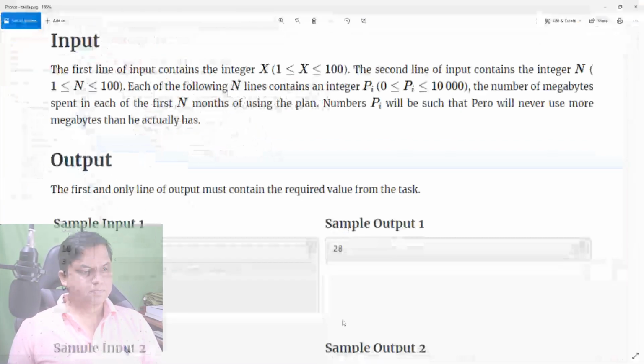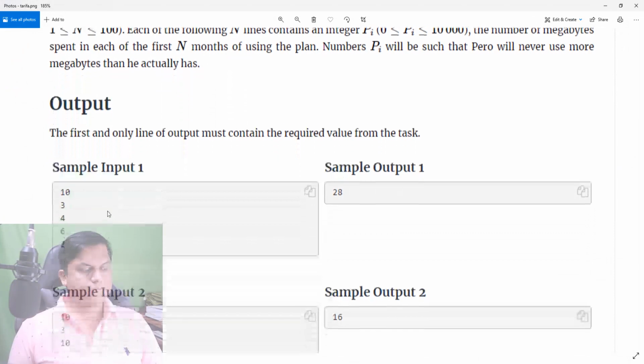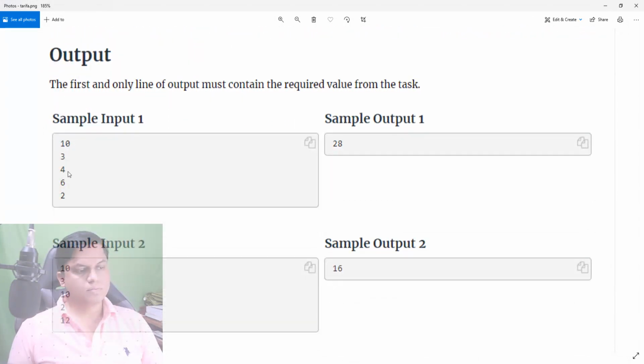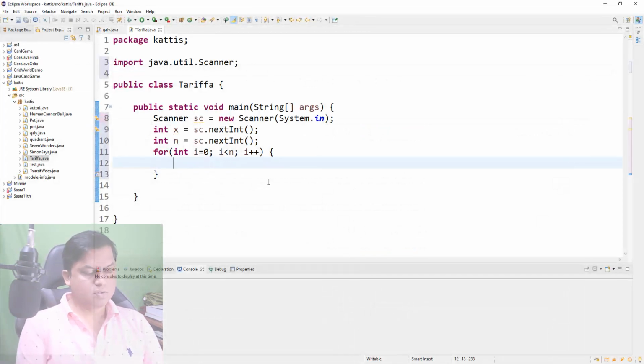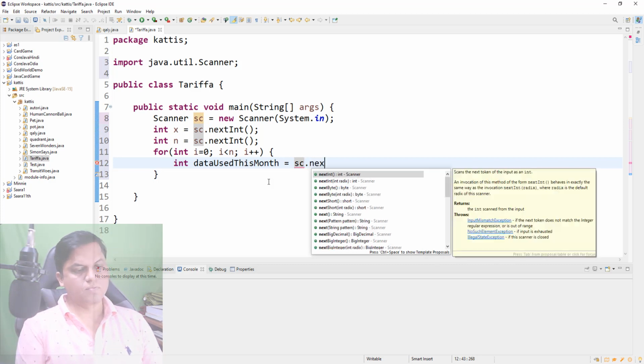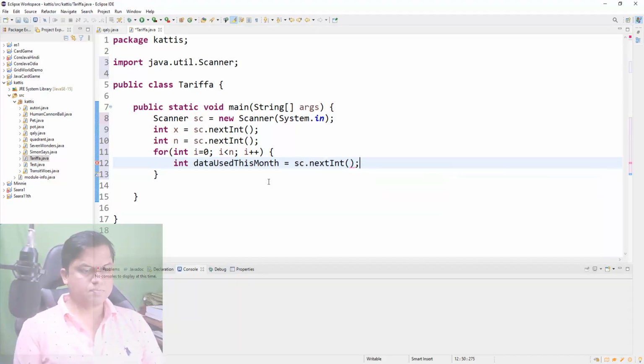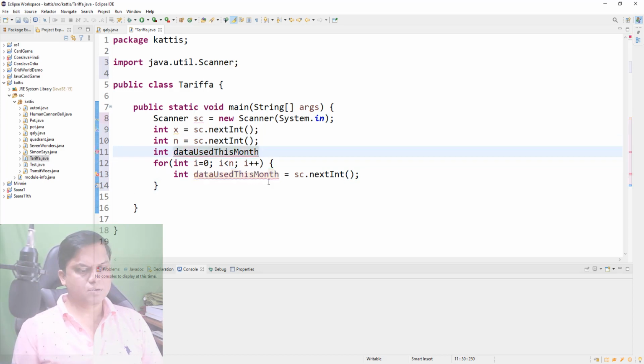Then we have to take the data used. So data used this month, let us declare it here.